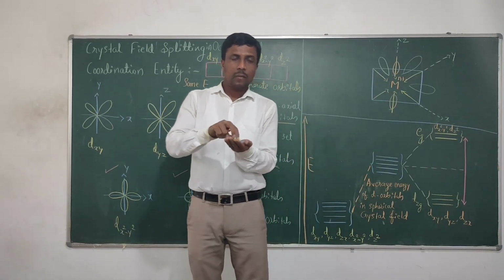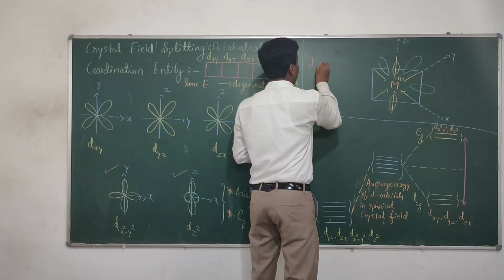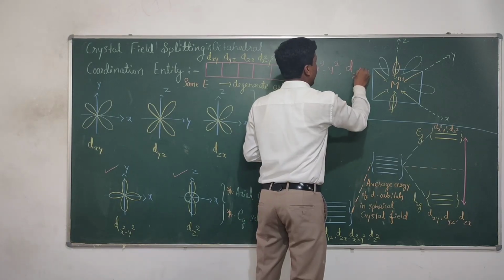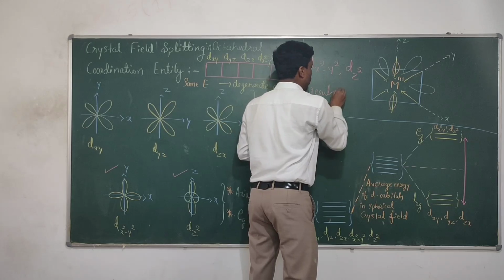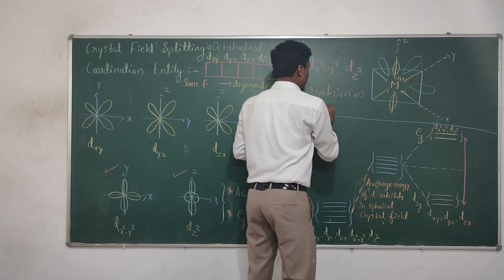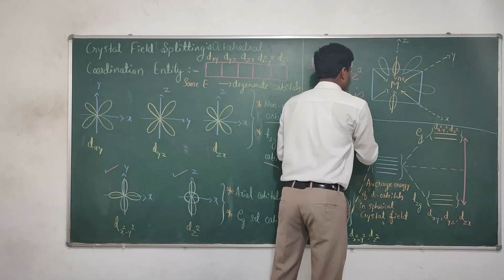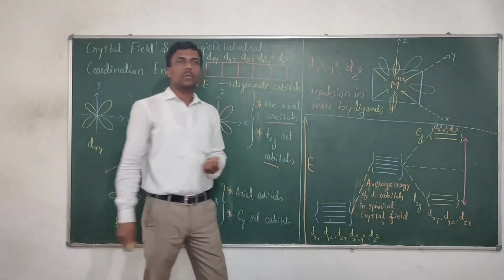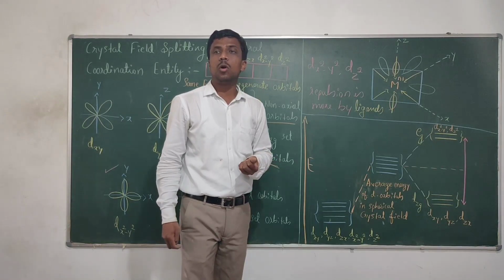It means for dx square minus y square and dz square orbitals, the repulsion by ligands is more. For these two orbitals, repulsion is more.